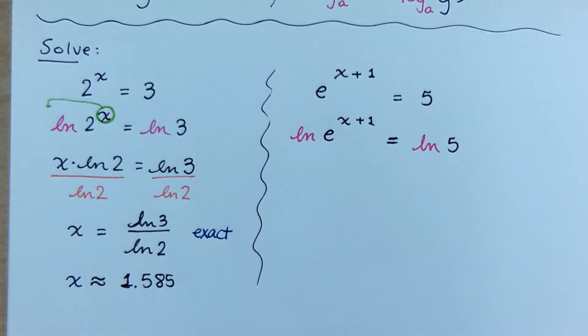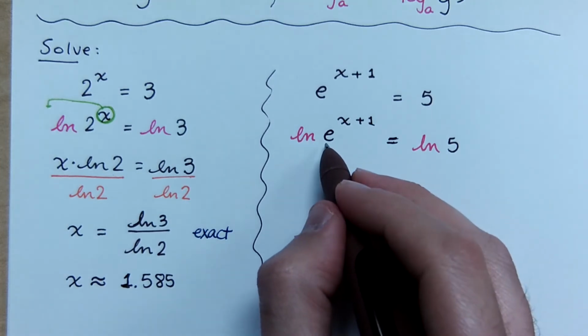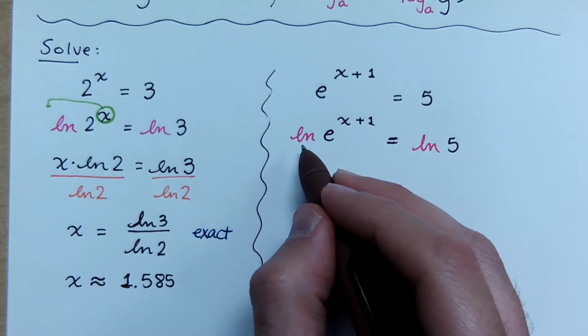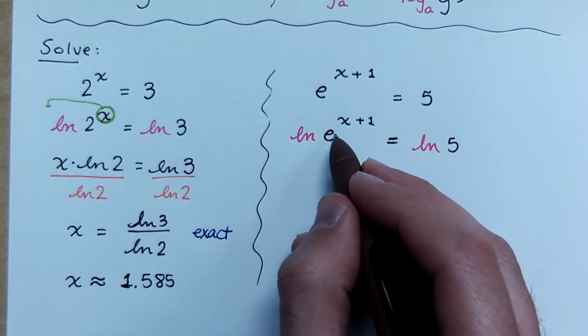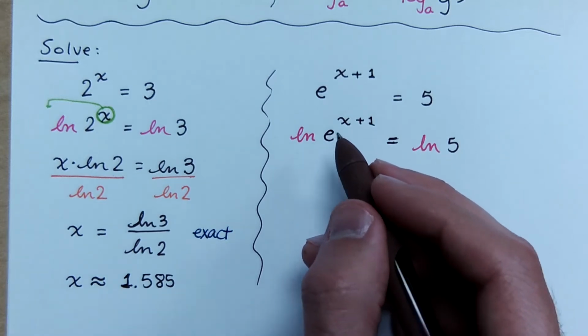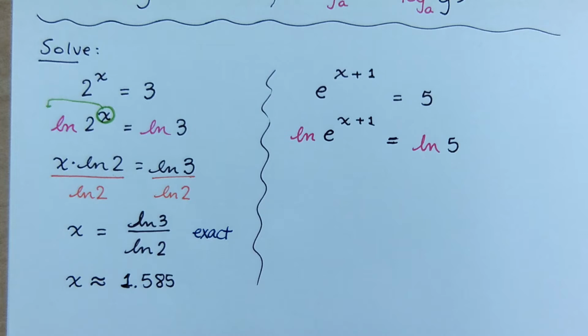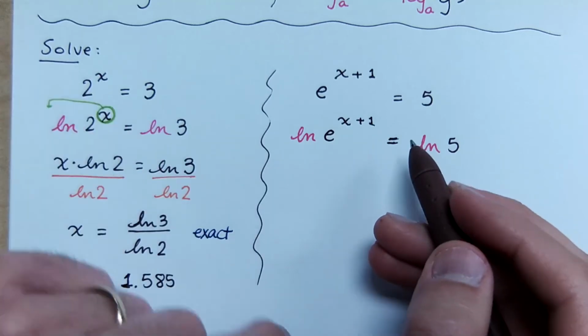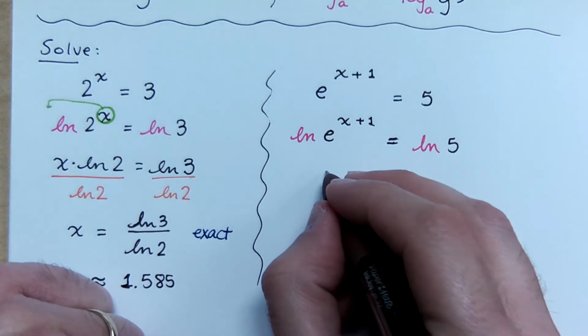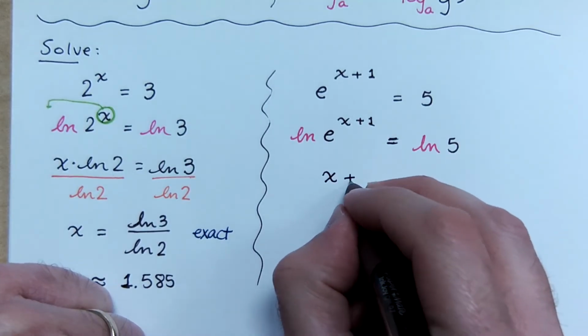Yes and no. What is understood to be the base for a natural log? E. So the base of natural log is e. Inside it is e. So when you simplify the whole thing, it kind of reduces away, becomes 1, and so all you're left with is the power. That's why I wanted to choose the natural log here. And so all of this just gives me x plus 1.